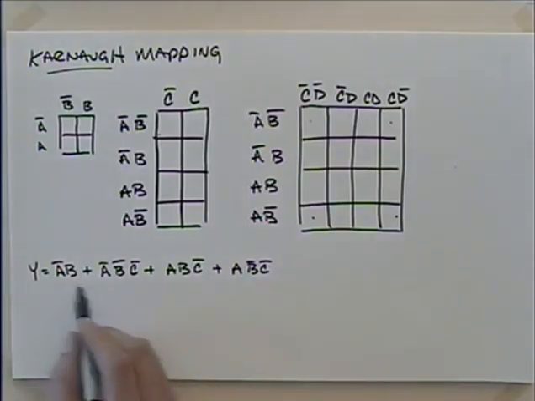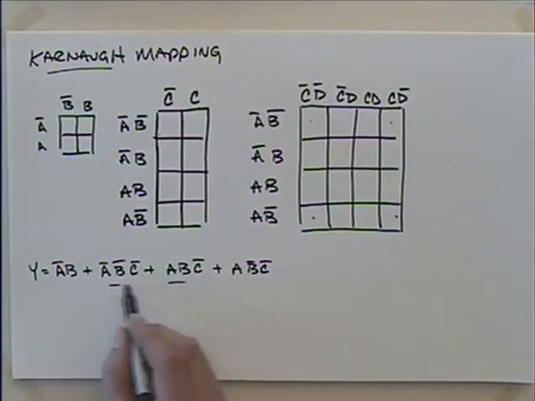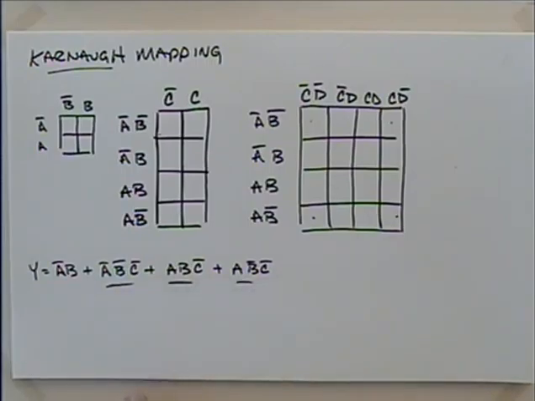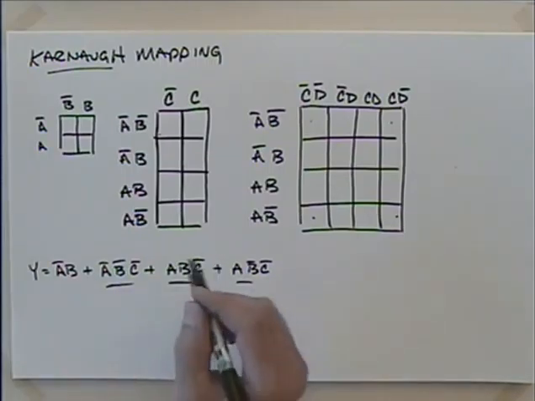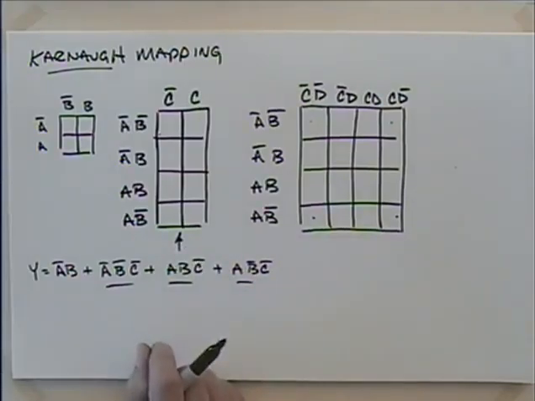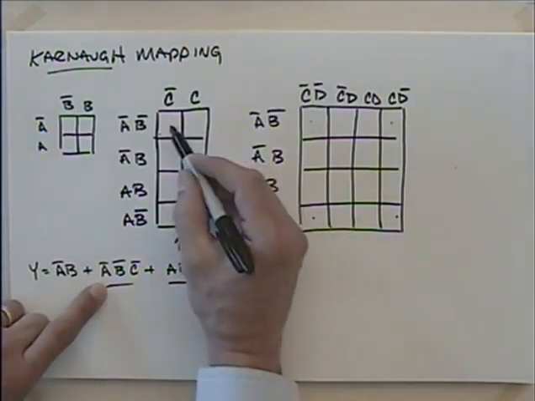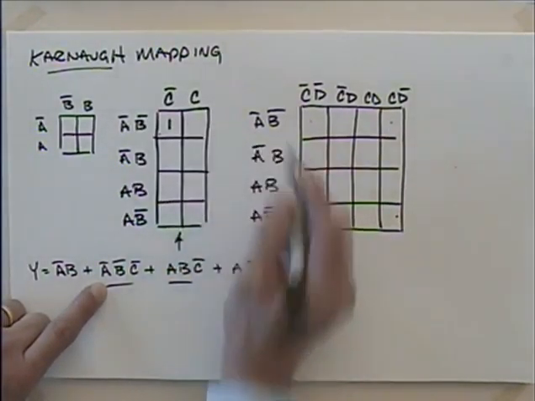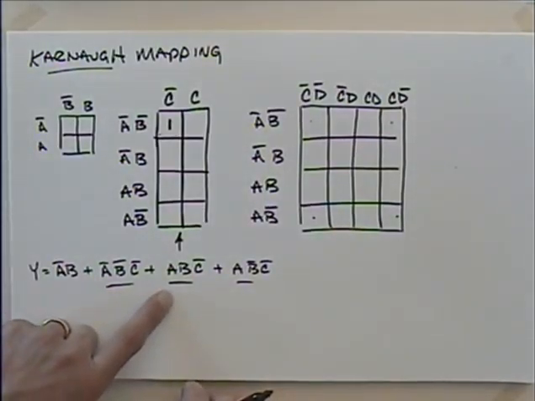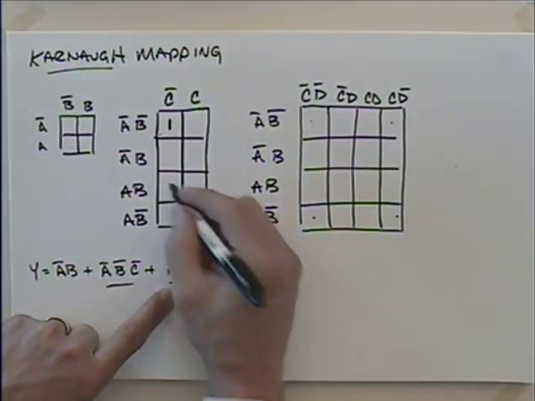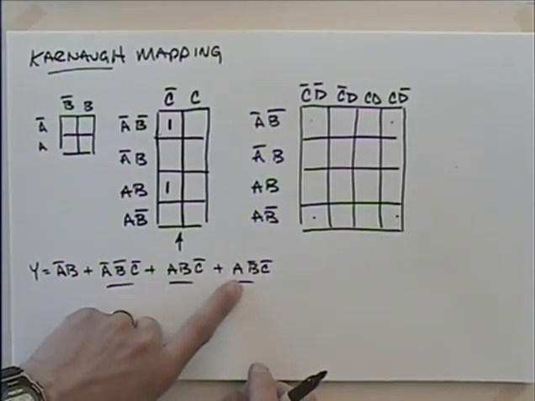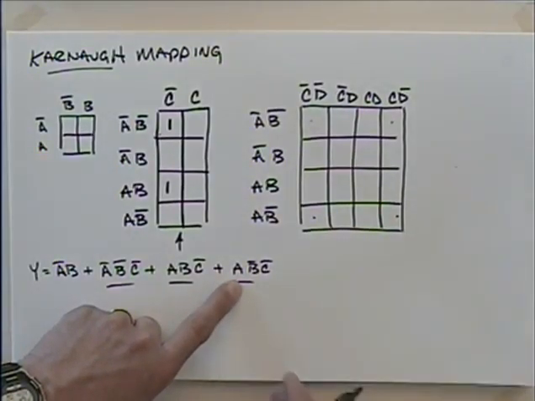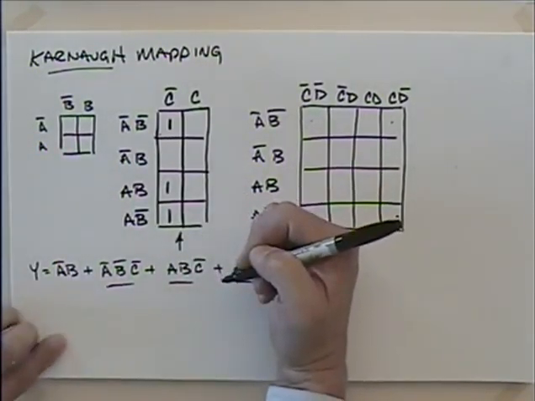Let me do these first. I think they're probably going to be a little easier. So I'm going to use the 3 input, right? So not A, not B, that's going to put me right here with not C, so that's going to be the first one. Then A, B, not C, that'll put me right there. A, not B, and not C, that puts me right there.